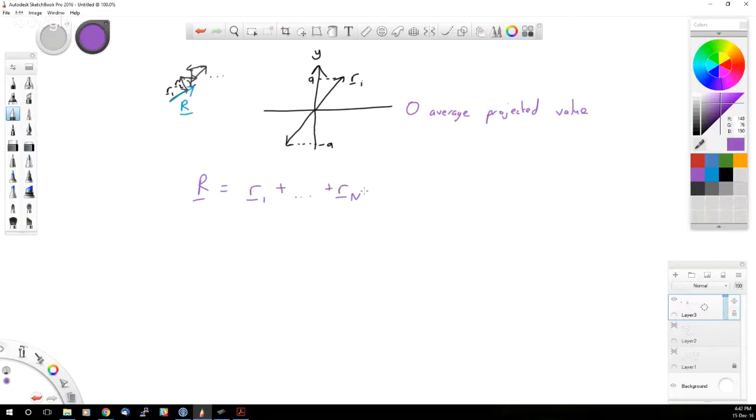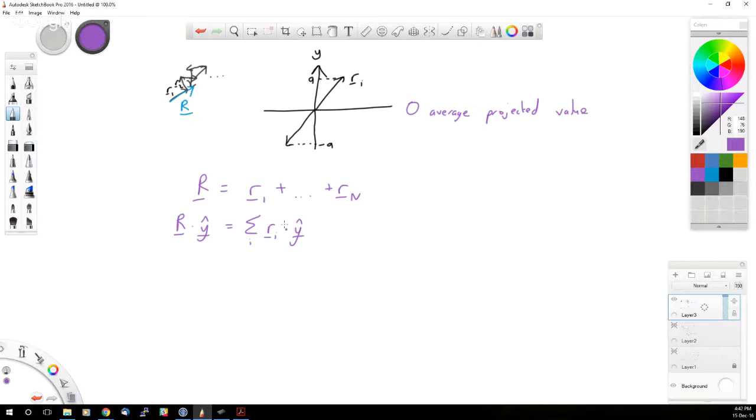One way to think about it is you can think about projecting this onto an axis. So if I project this onto the y-axis using a vector in a y direction with magnitude 1, this means that for all of those ri's, we get those dotted with y.